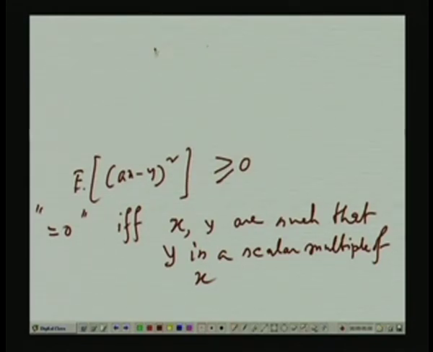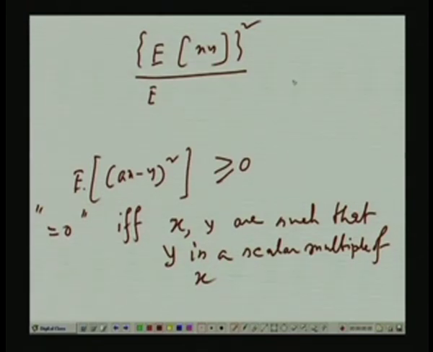We are trying to prove that E x y, maybe you can take a square of it, because if it is less than or equal to 1, the square also is less than or equal to 1. This is less than or equal to 1.